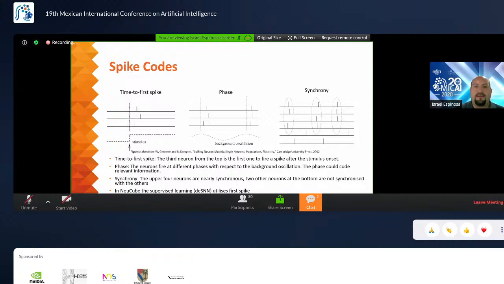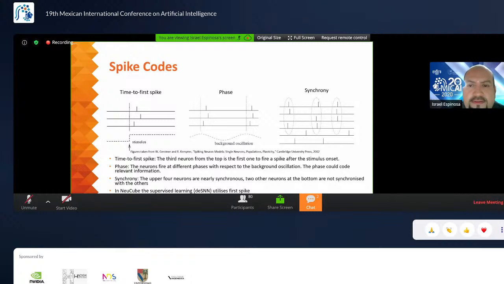All the other neurons can also spike, but we just consider the first one that spikes. We use this time to first spike in one of the learning algorithms that we use in the NICU. Much of the literature refers to the time to first spike as an important spike coding.